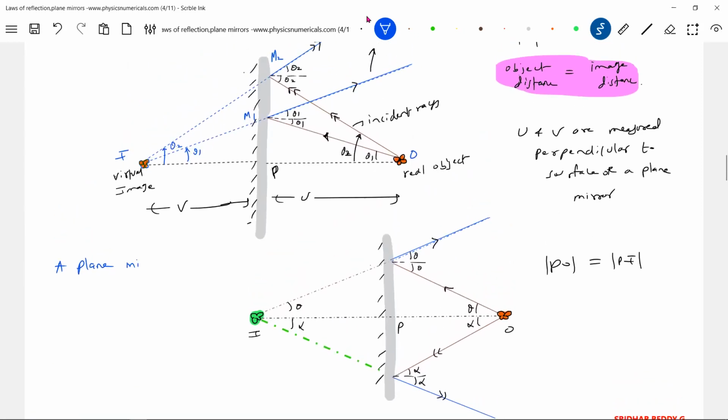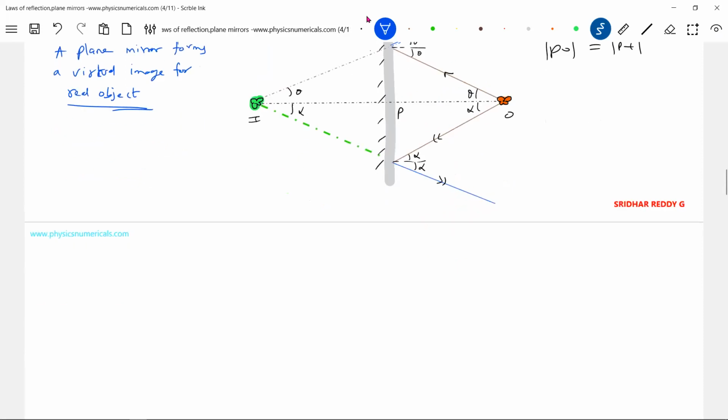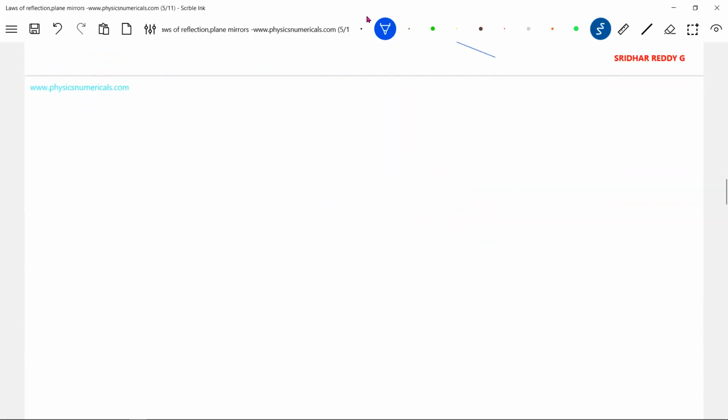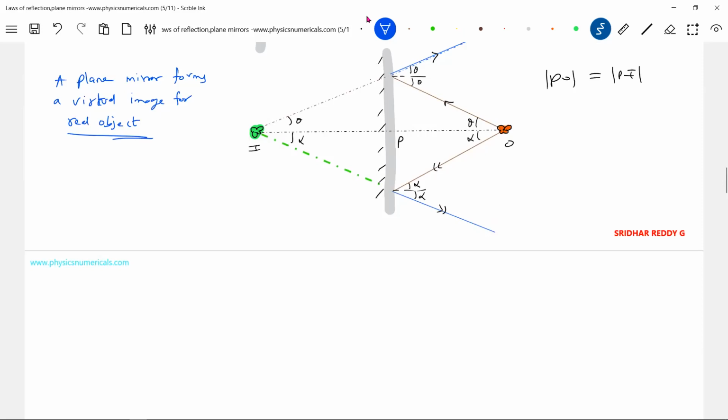A plane mirror forms a virtual image for a real object. Similarly, let's take the other situation. For a virtual object, for real object, virtual image.